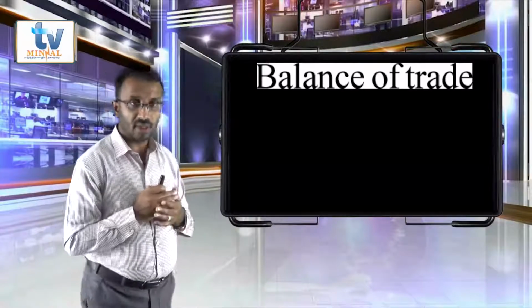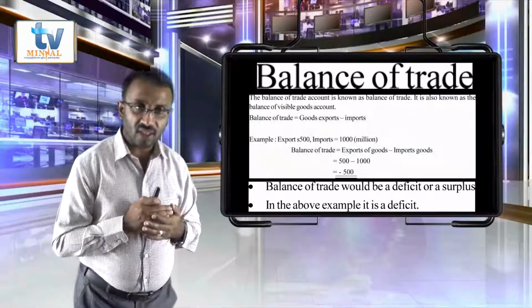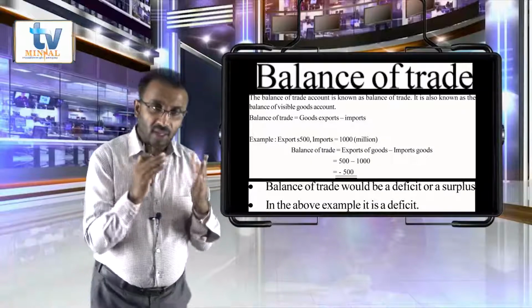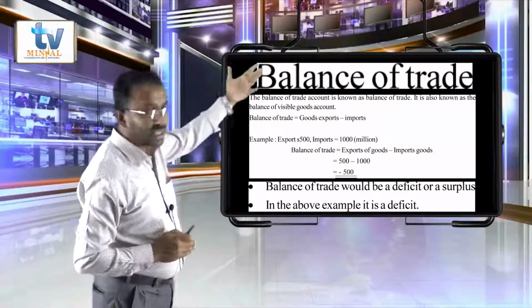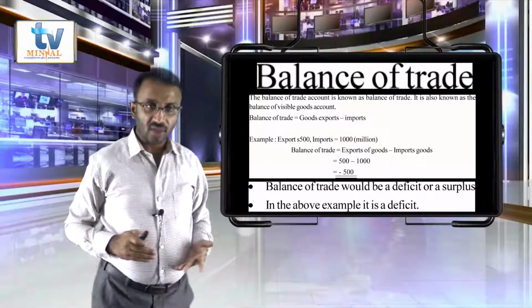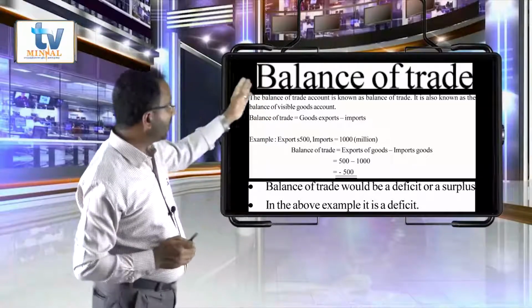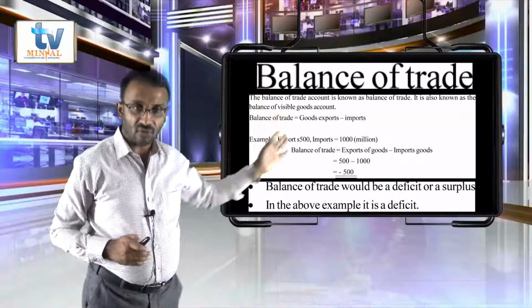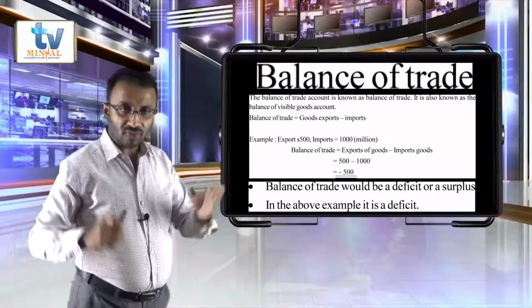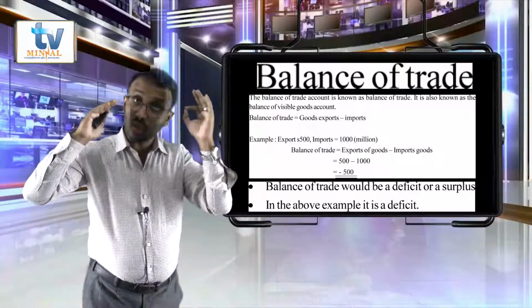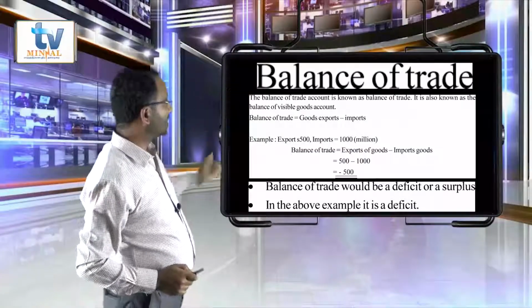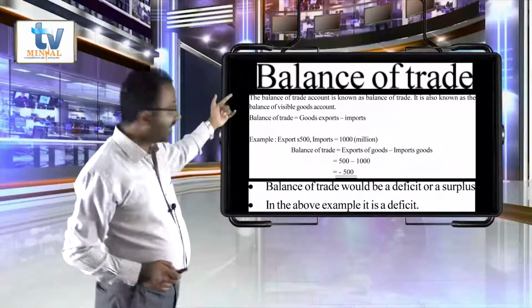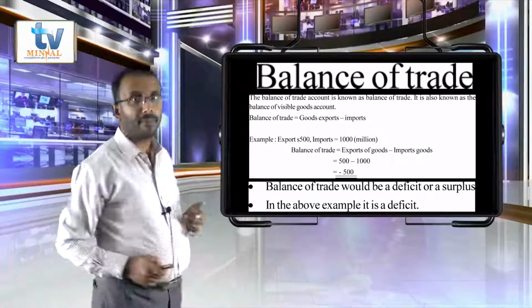It means we can see the difference between goods exports minus goods imports. So the difference will be the balance of trade. The balance of trade could be a deficit or a surplus sometimes. Here in this example we can see it is a deficit balance.